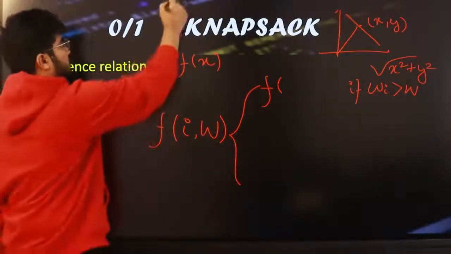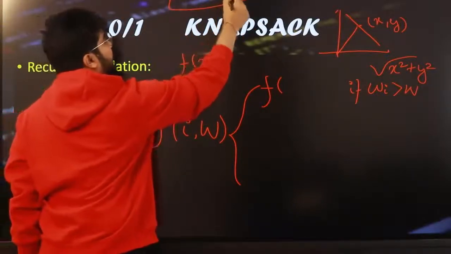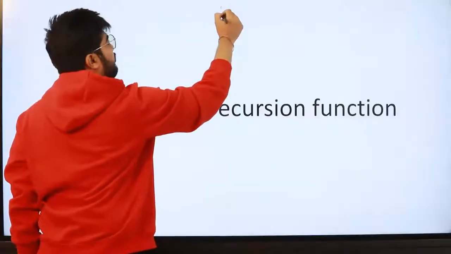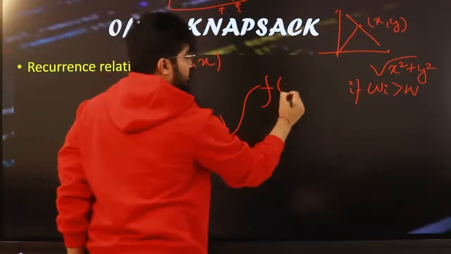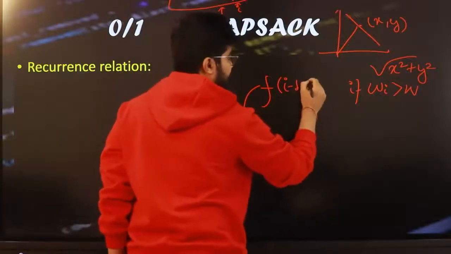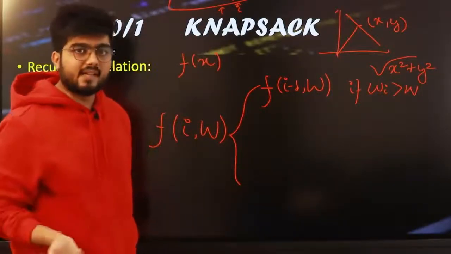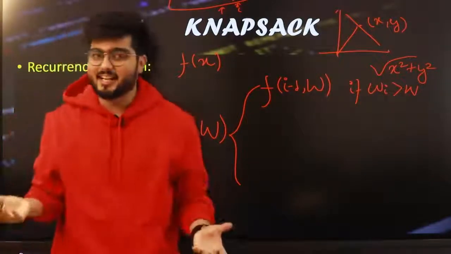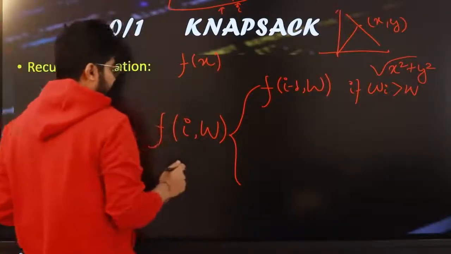Suppose this was our array of items, and right now our I was here, then we'll move towards our next item. So I minus 1, and W will remain the same because we haven't included that particular item in our bag.